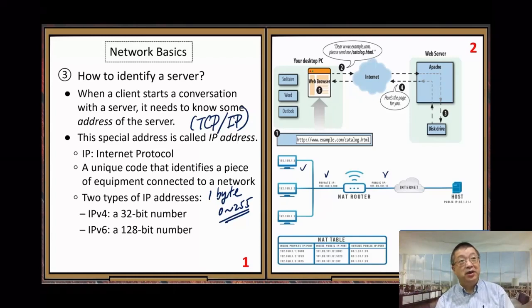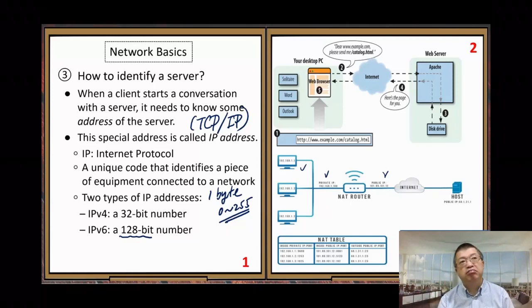You can do the calculation for how many bytes, 128 divided by 8. Because IPv6 needs this many bits, we will not use the dot decimal representation.